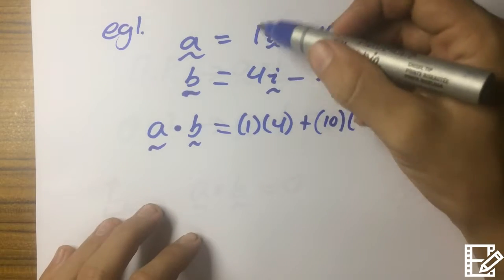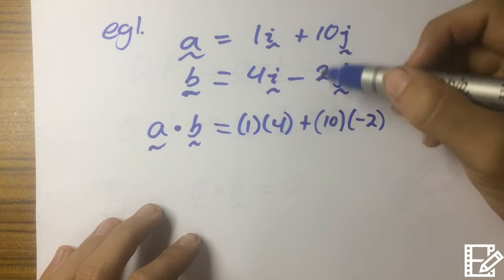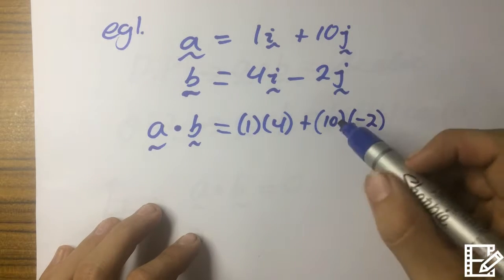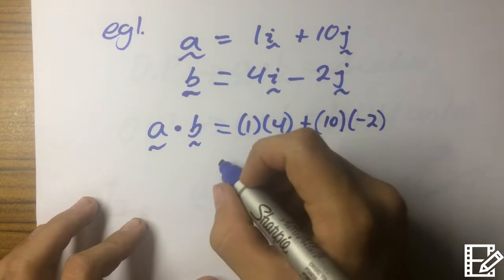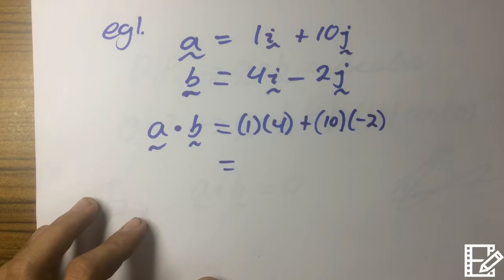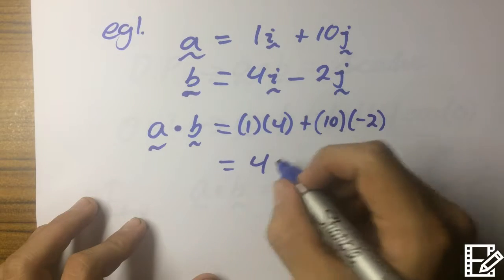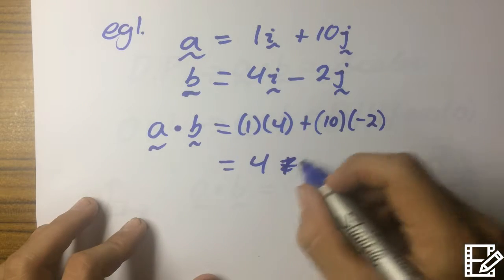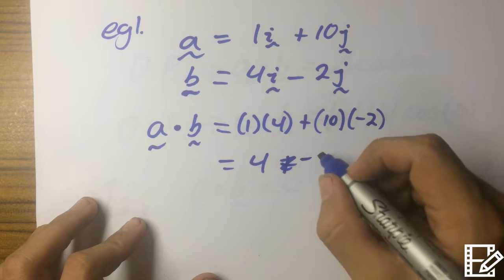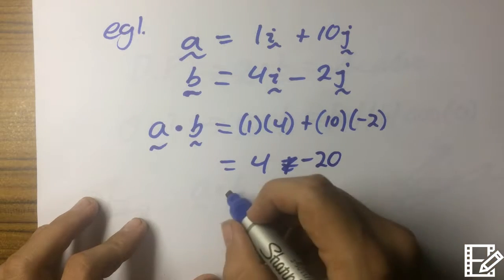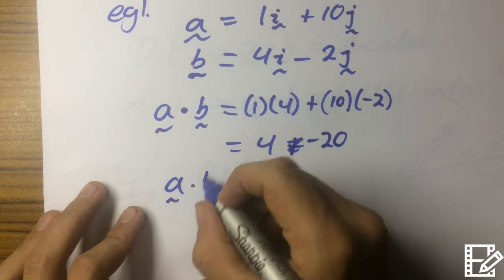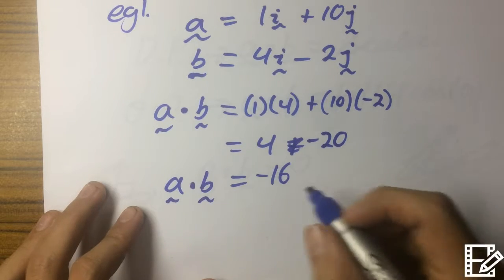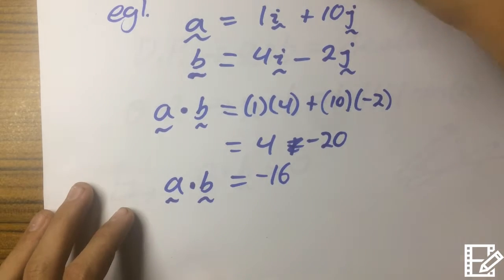So we multiply the i components together, and then we multiply the j components together, and we add them to one another. With a bit of practice, it'll soon make sense. But anyway, this will equal 4 plus, well, that's 10 times negative 2, so that's take 20. So 4 take 20 equals negative 16. Therefore, a dot b equals negative 16.